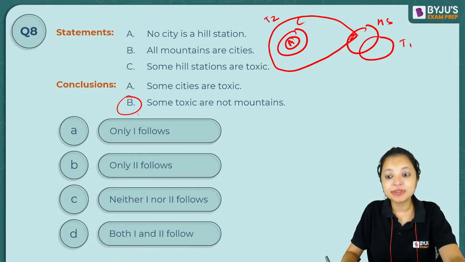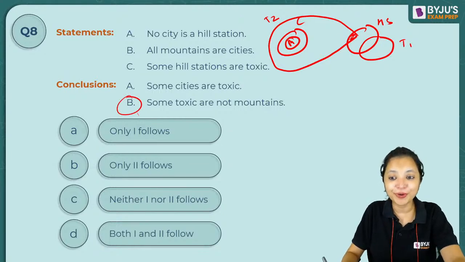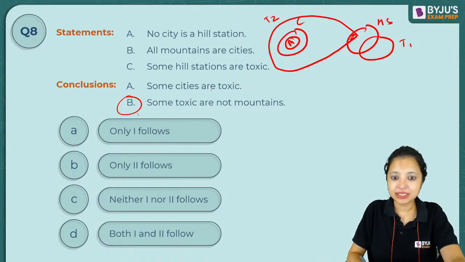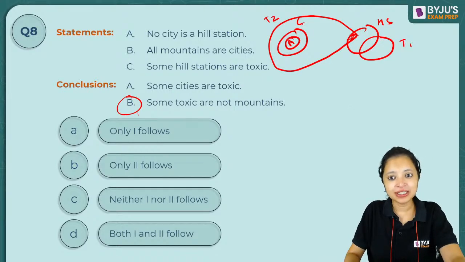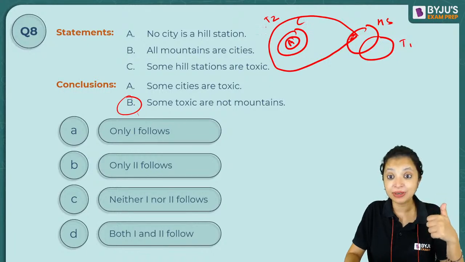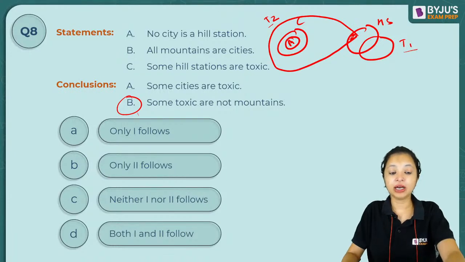B will absolutely follow. Some cities are toxic is a possibility in toxic 2, but not in toxic 1. My correct answer is only and only B follows.